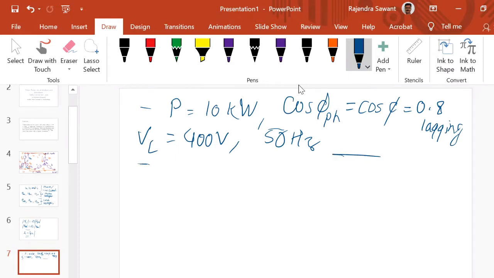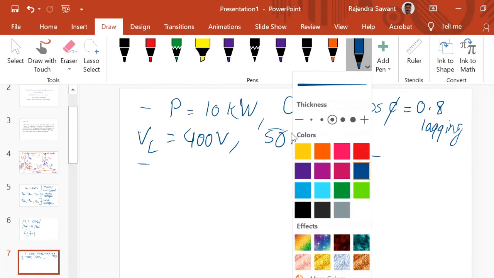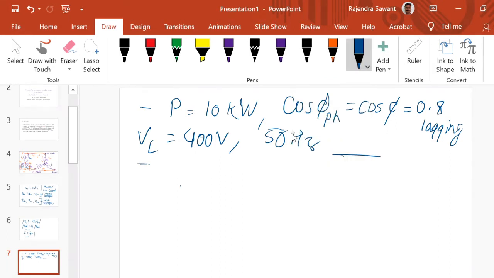Now we want to find out what is the phase current. Phase current and line current are the same, so we can now compute the line current. In a star connected system, P is equal to root 3 VL IL cos phi.